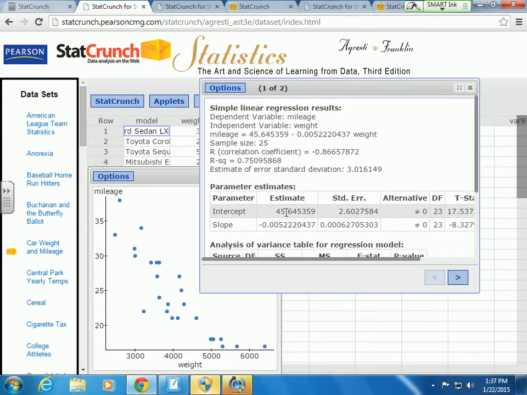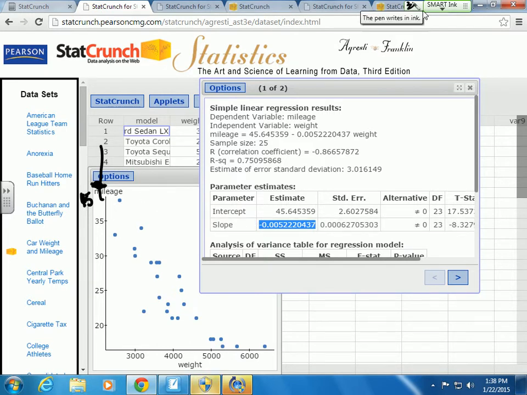And what you can see is the intercept of the line being 45.64. All that means is if I was to make this graph bigger up here, if this is 35, here's 45, it's going to cross somewhere right there. And the slope is steep, which we expected it to be.